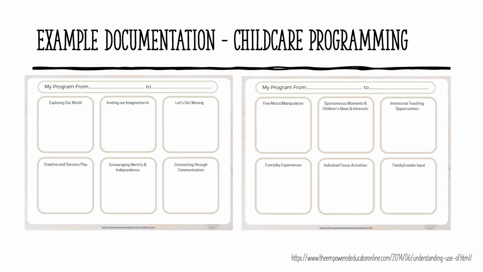So her programming, she takes her ideas from the children, but she gives herself some guides. So these are very similar to your concept maps that you have. The one on the left looks at it from different topics. The one on the right looks at it from our domains, as well as some various other teaching points that she wants to include in there.